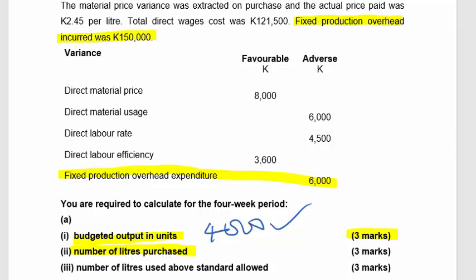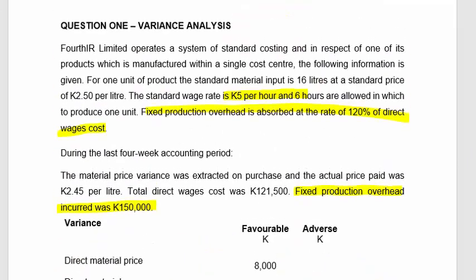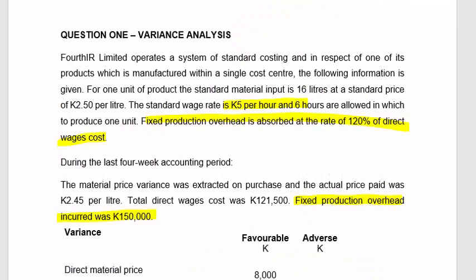It's asking us for the number of liters, but what you're going to notice is we've been given a material price variance of 8,000. So let's start with the material price variance of 8,000.